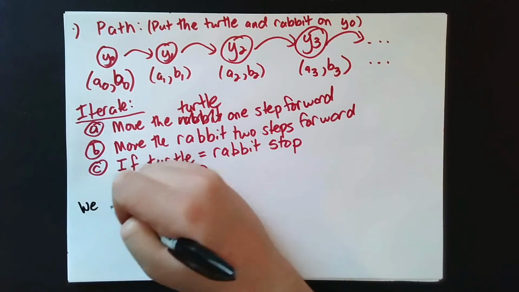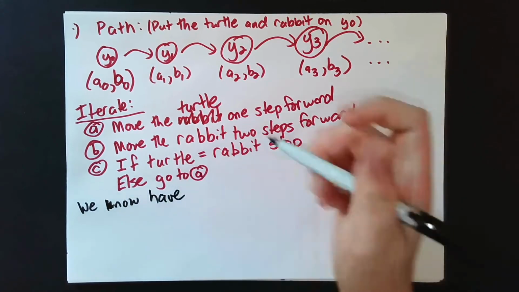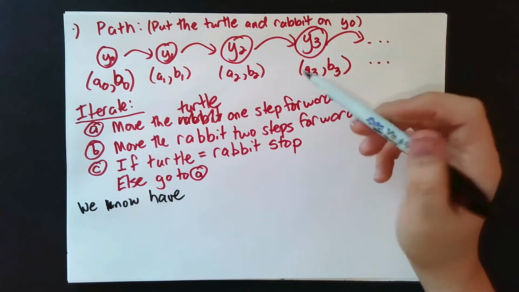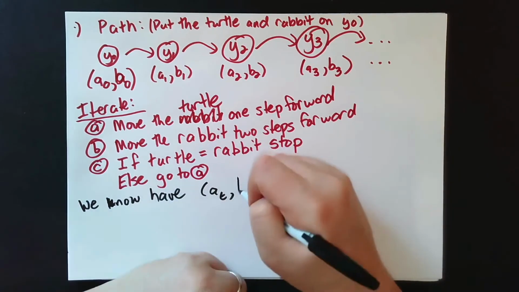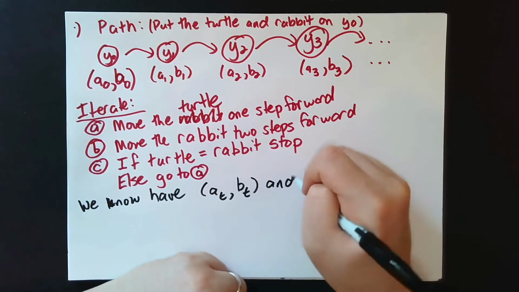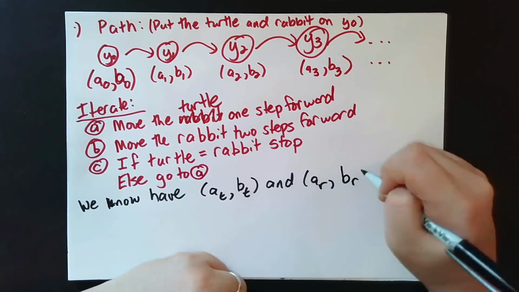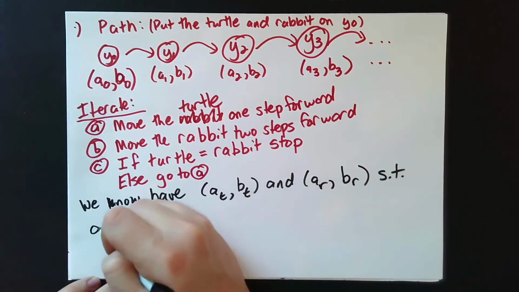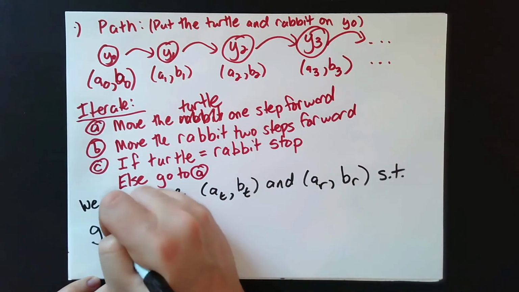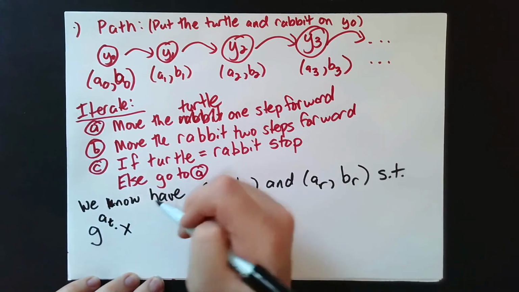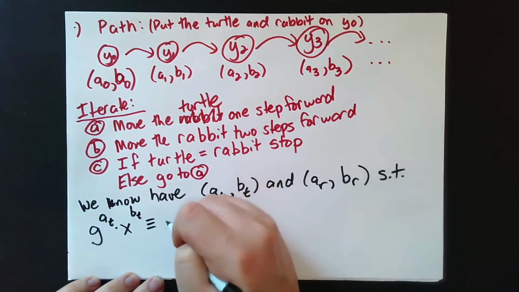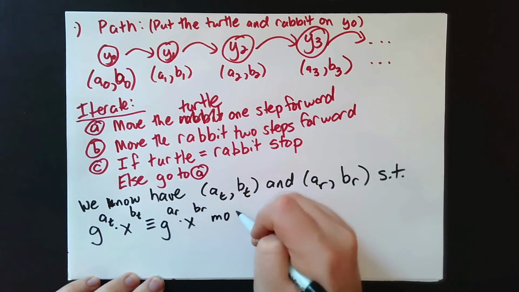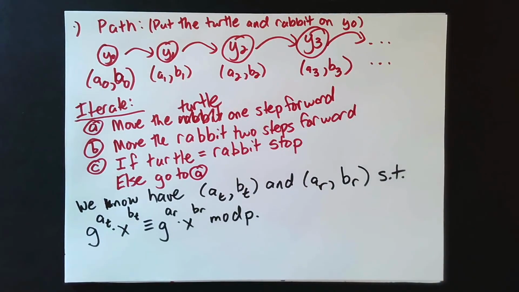So when we found this collision, what we found is 2 y's that are the same and matching a's and b's for them. So I'm going to call them AT for A turtle, BT for B turtle, and AR for A rabbit, BR for B rabbit, such that, and the key thing here is that we have exactly the kind of thing I outlined at the beginning, which is that G to the AT times X to the BT is congruent to G to the AR times X to the BR mod P. So we have found such a coincidence.